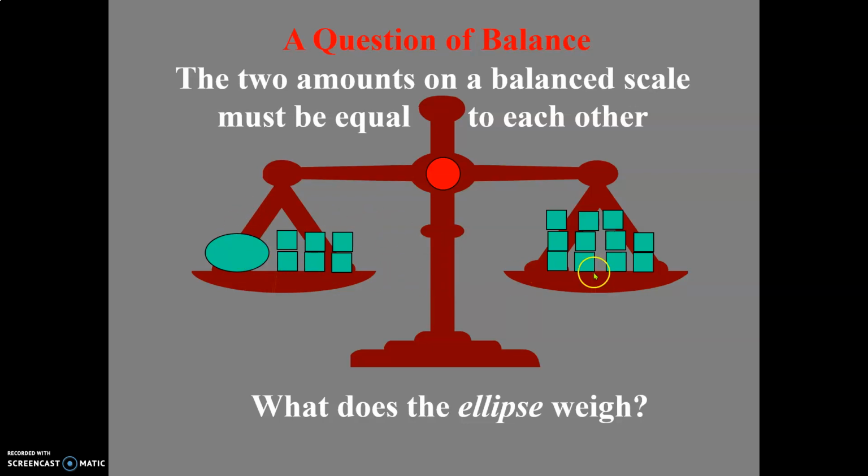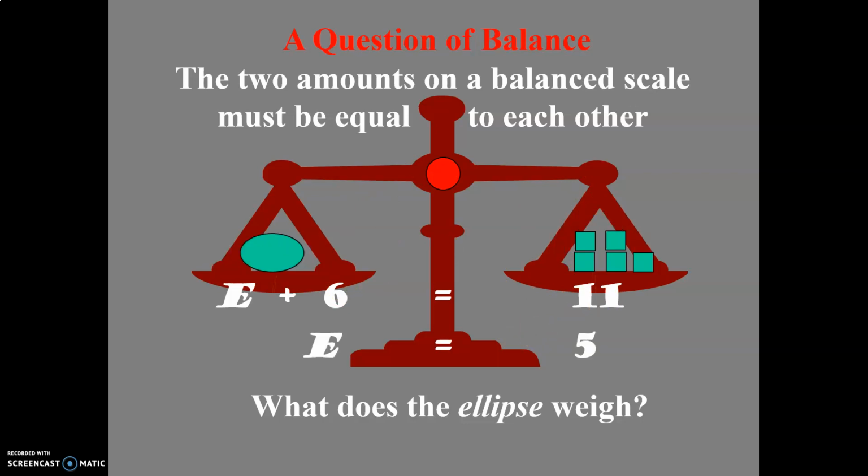All right, but let's demonstrate this using algebra language. We can write this as E, which represents the ellipse, plus the 6 that we know, and that's equal to the 11 on the right side. And we know that those balance out because the scale shows us being balanced.